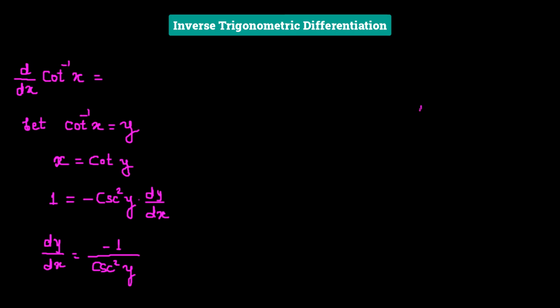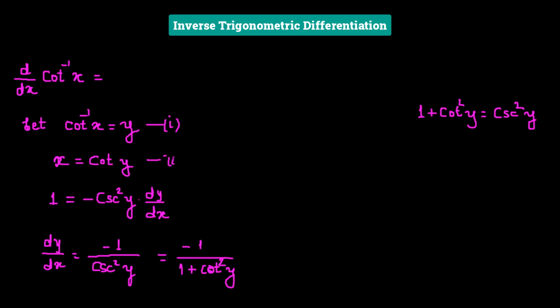So now here we use the identity that 1 plus cot squared y equals cosec squared y. So this will be equal to negative 1 divided by 1 plus cot squared y. So let's label this as equation number 1, and this is equation number 2.